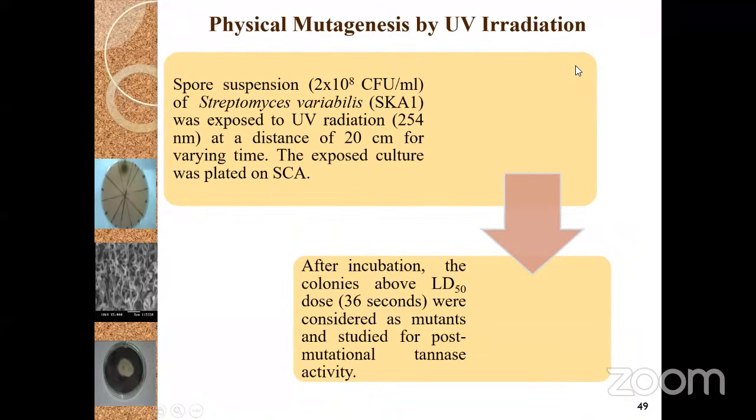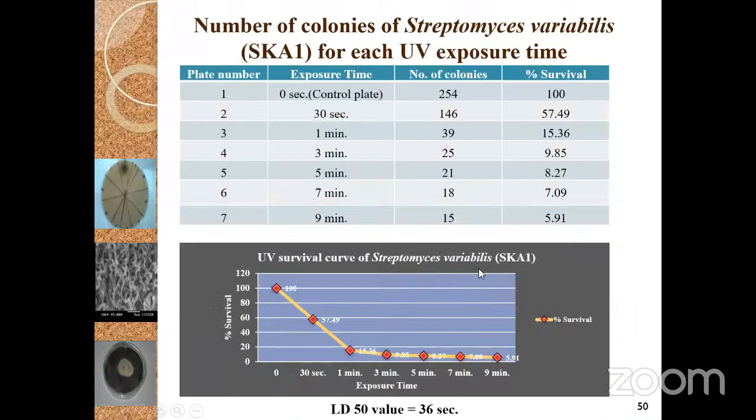In the UV irradiation method, we have taken the spore suspension and exposed it to UV radiation, that is 254 nanometer. After incubation, the colonies above the LD50 we have selected and considered as mutants. And we have chosen those colonies for measuring the tannase activity.